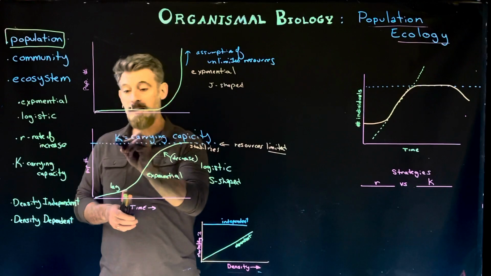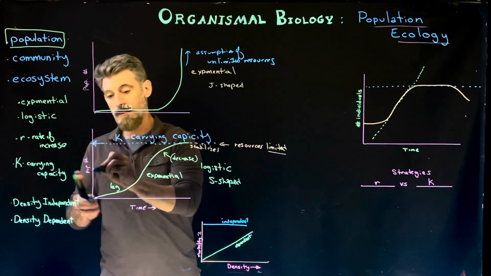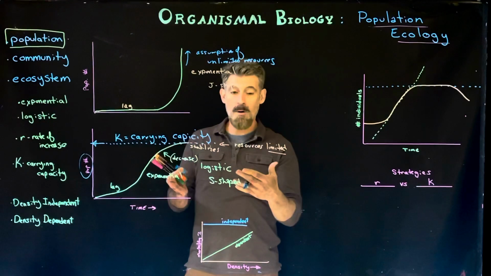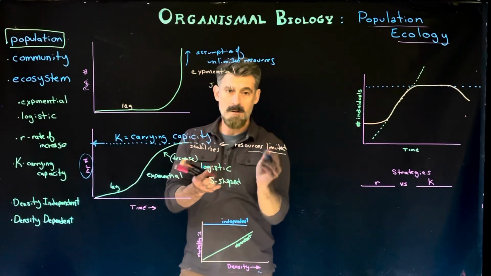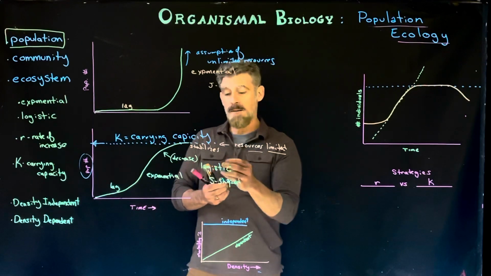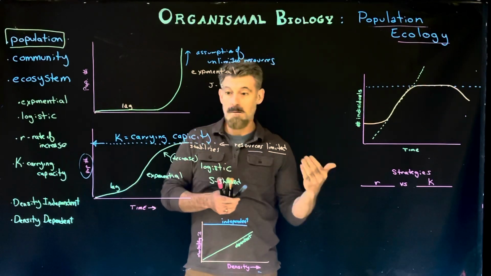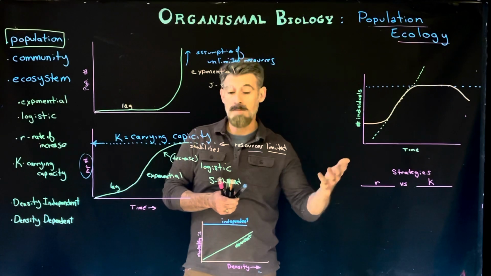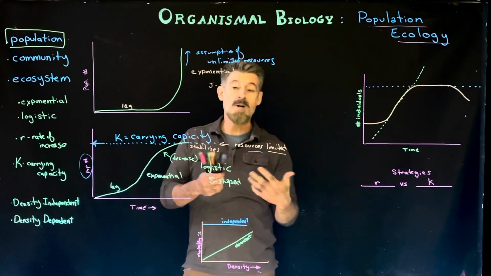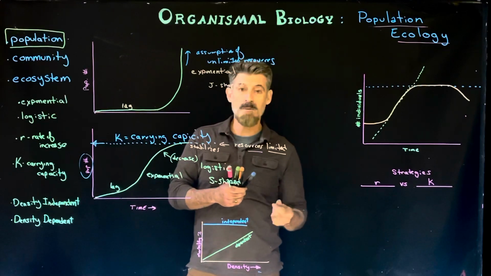So carrying capacity is the number of individuals in a population that can be supported by the resources of the environment. There are a number of things that will affect the carrying capacity, which is, again, the nutrients themselves and other things that the organisms require, in addition to competition between individuals.